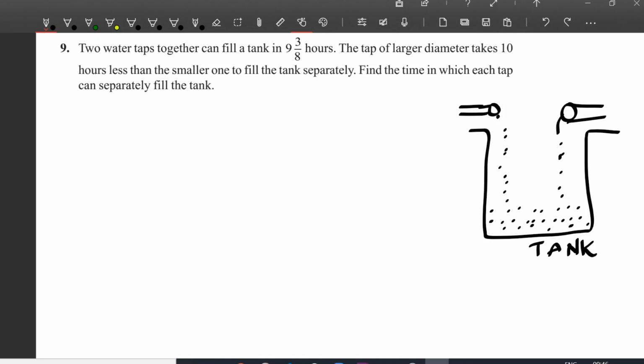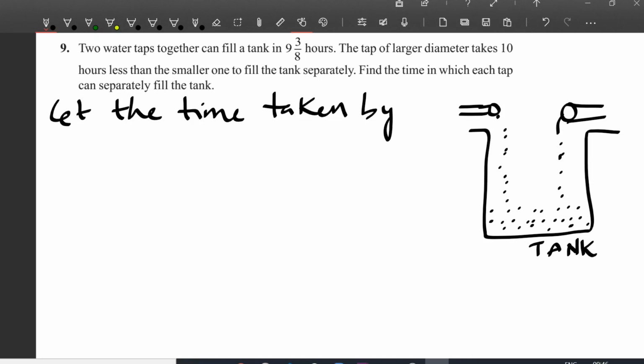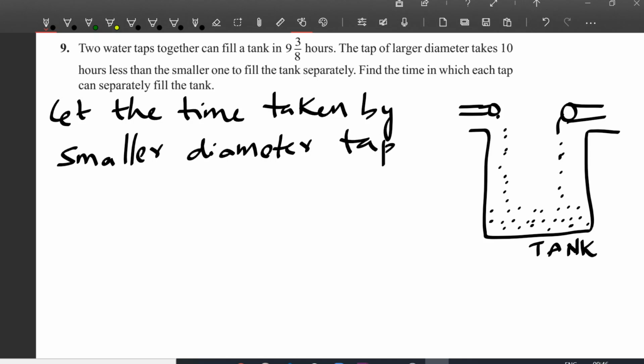Okay, so now let us assume that let the time taken by the smaller diameter tap be x hours.